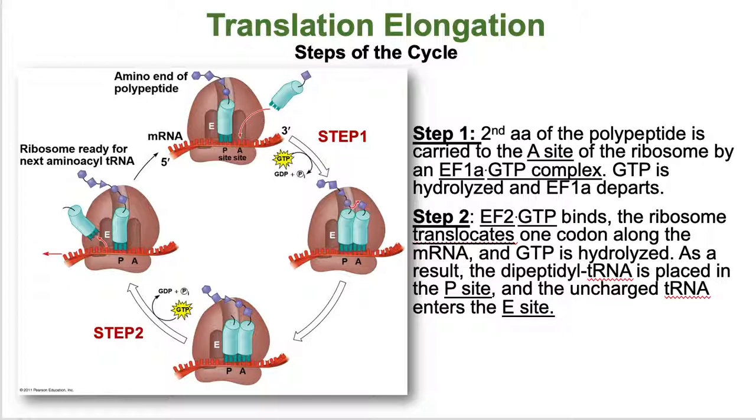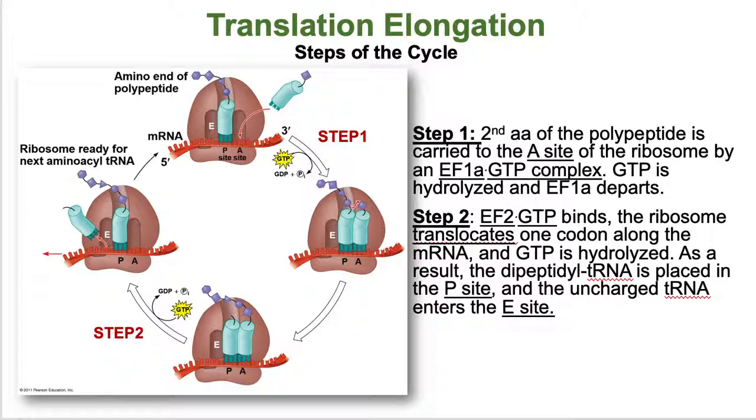Then we have another energy expenditure step, which is EF2 bound to GTP. What this does is move the ribosome down one codon. This moves what was in the A site, the tRNA with the growing peptide chain, to the P site, and the old tRNA is moved to the E site, the exit site, and it's sent away.